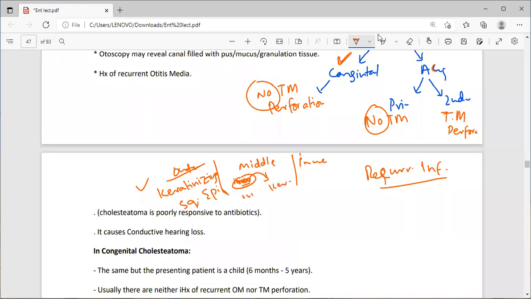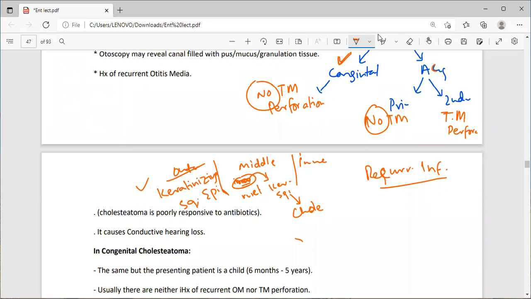I mean to say there might have been a metaplasia of the normal cell into keratinizing squamous epithelium. This is one theory, and this epithelium is going to cause a cholesteatoma without rupture of the tympanic membrane, so it could be primary or congenital.